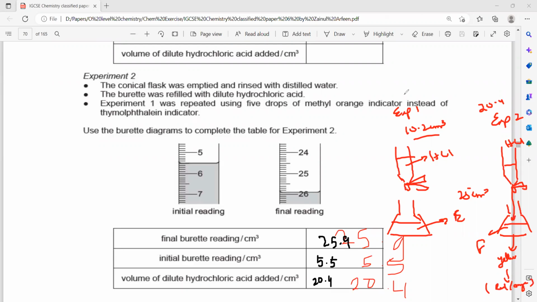Can you identify which solution is more concentrated, E or F? Solution E had the 10.2 cm³. Which solution is more concentrated, E or F? The correct answer is F.